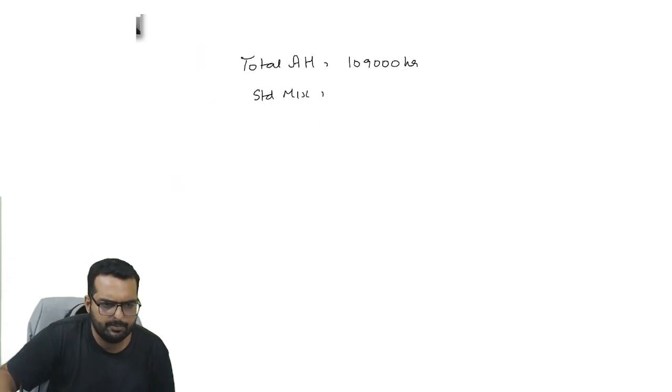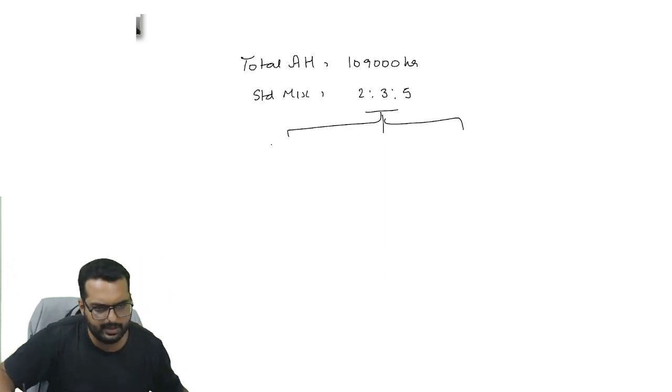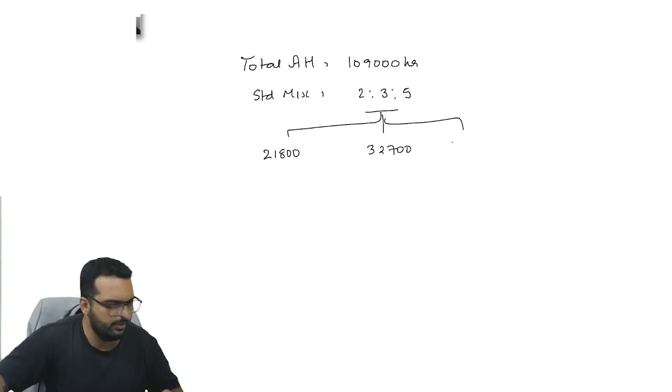Standard mix is what? 2 is to 3 is to 5. If I do it in this ratio, 1 lakh 9,000 divided by 10 into 2, you will get 21,800 over here. Into 3 will give you 32,700. Into 5 will give you 54,500. Okay.